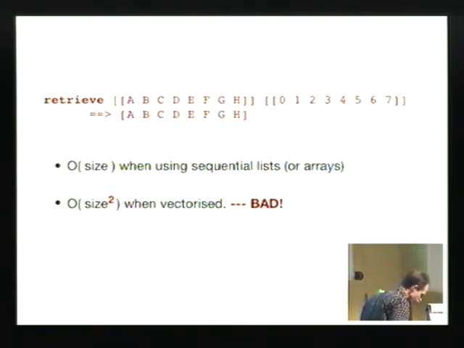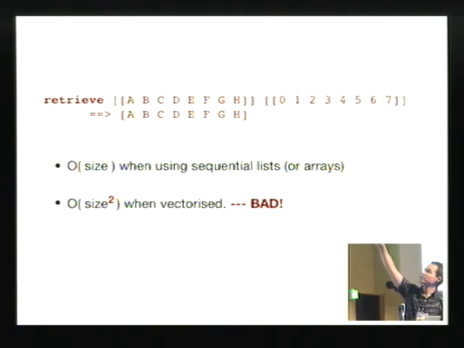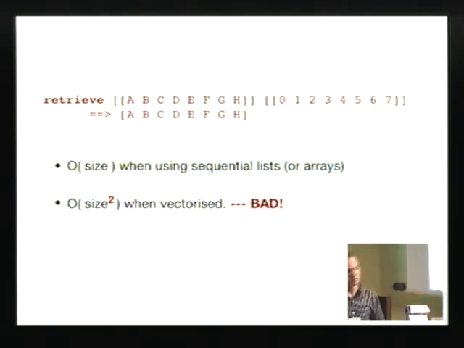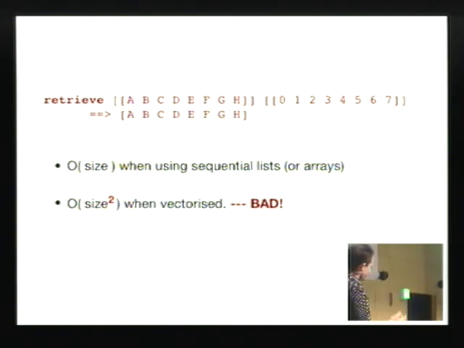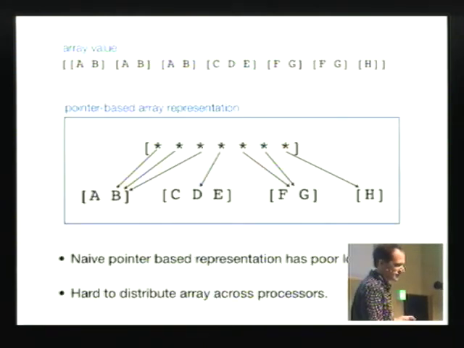But then when we vectorize it, because our array representation can't represent sharing, we essentially copy the ABCDE table once for every element in the second array. So the whole runtime turns into quadratic in the size of the array, which is bad.